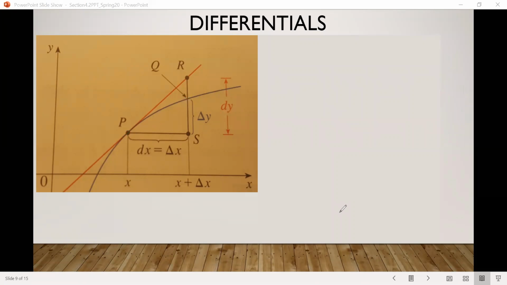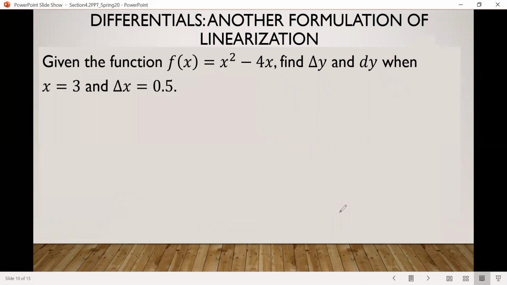All right, so now that we've done that, let's get a little bit more concrete and use this in a problem. So here we're told that we're given the function f of x equals x squared minus 4x, and we're asked to find the values delta y and dy when x equals 3 and delta x equals 0.5.